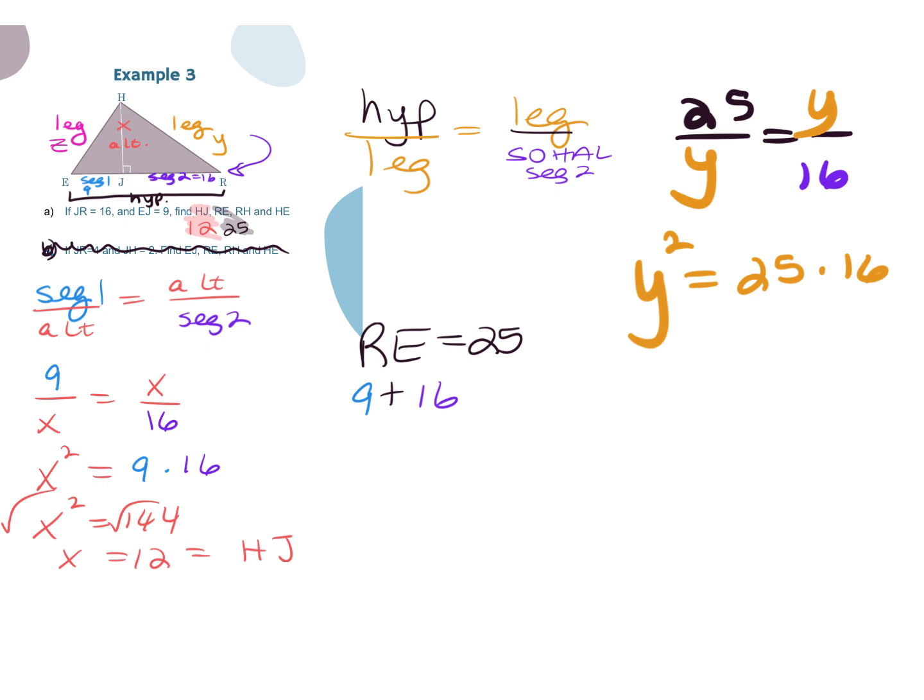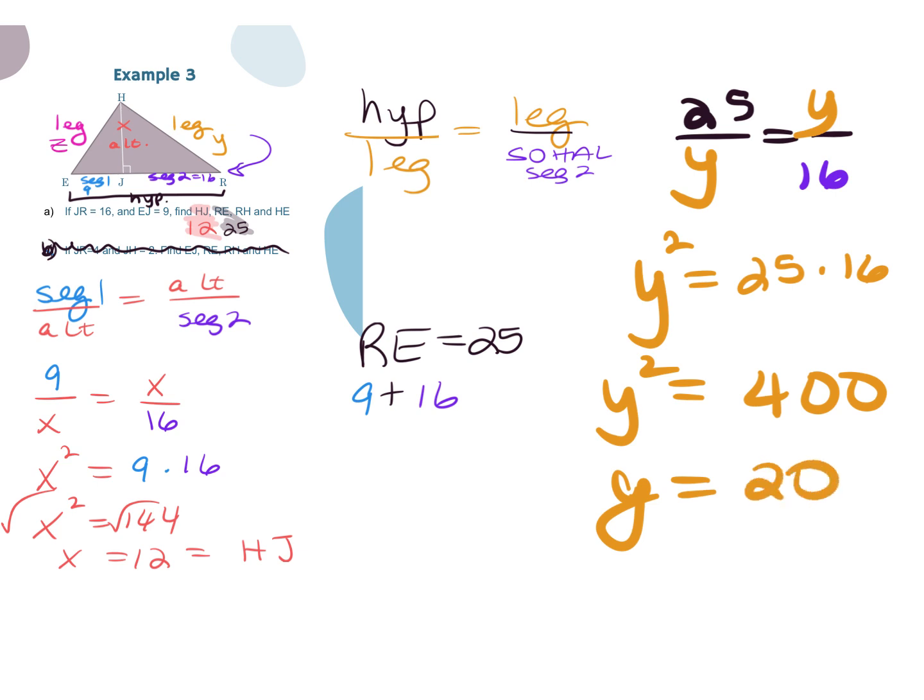Since you're using your calculator, I would try to multiply it and then square root it. This actually is a perfect square, and when you square root it, Y is equal to 20, which was RH. If it wasn't a perfect square, then you'd have to go back and do the factor tree.